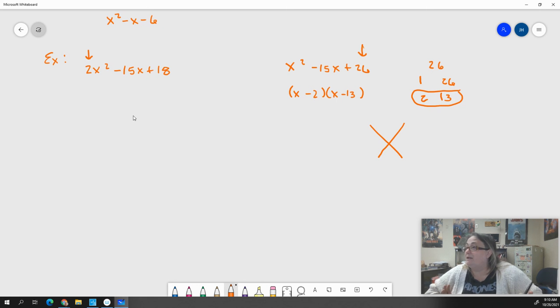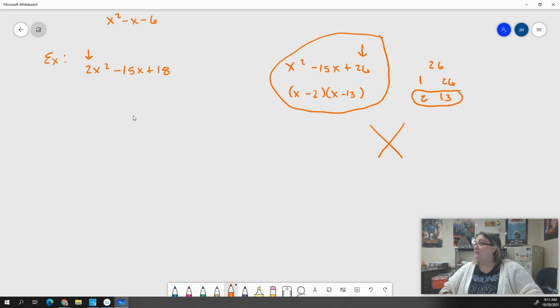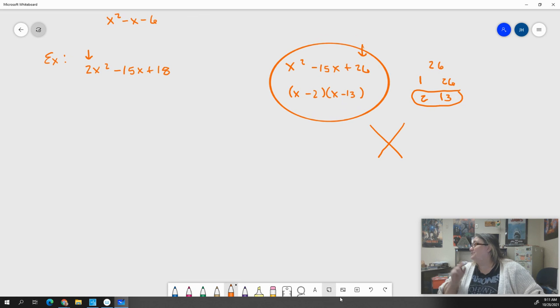I never know how to do it. I can't do it that way. If you learned that way, it is absolutely fine to use it. I don't like it that way. I like this way because it's just like factoring these, only with one other step. Well, technically 2 other steps, because you have to do it and then at the end undo it.